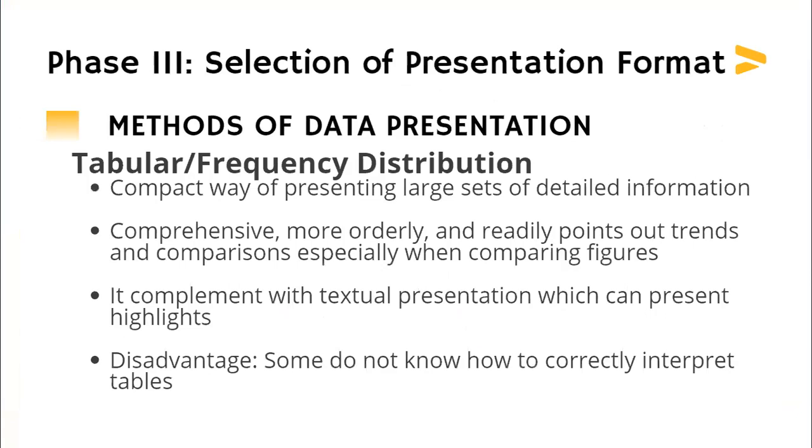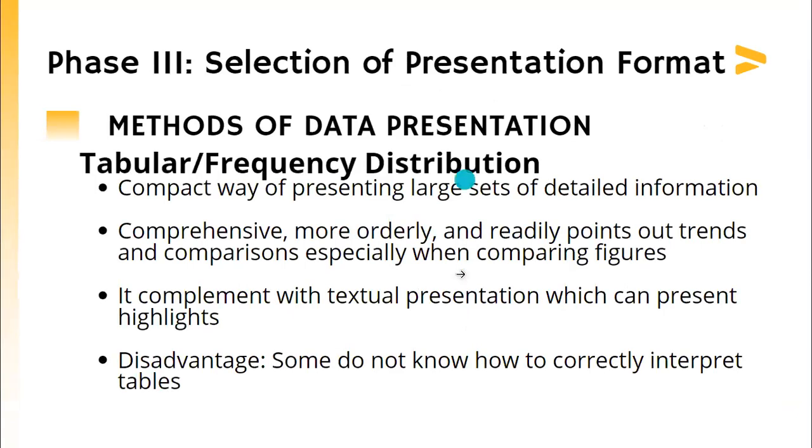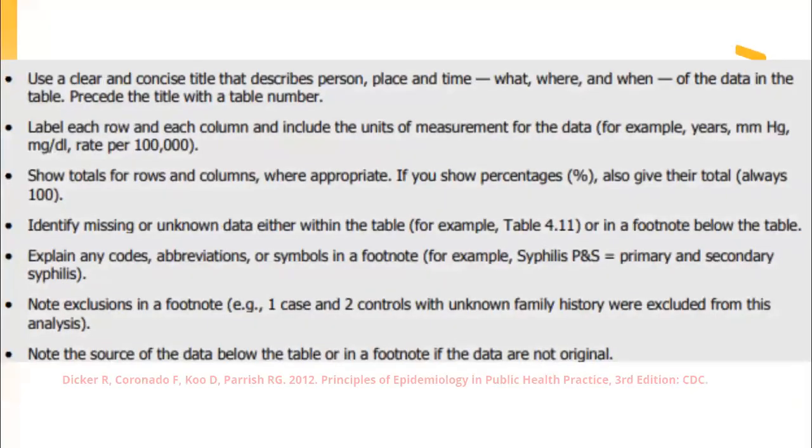All right? So disadvantage, some researchers or people do not know how to correctly interpret the tables. For example, I will give you an example later, but let me just run through how you should know that you are actually creating a good table.